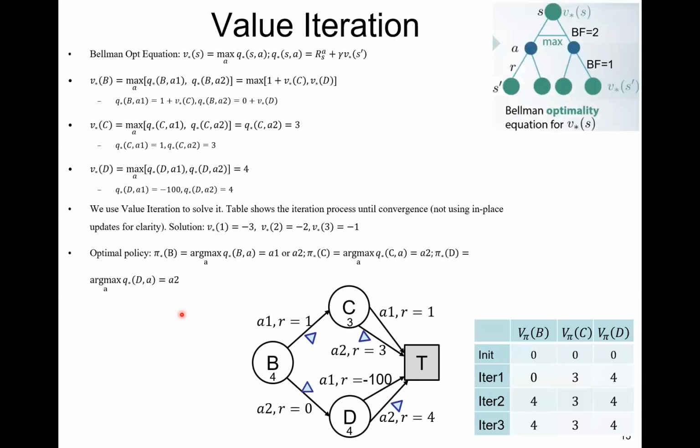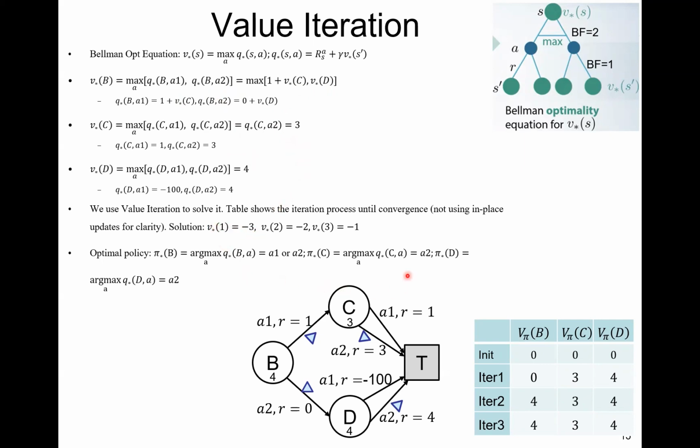So for value iteration, you work out the Bellman optimality equations, which are these. These equations can be solved by iteration.